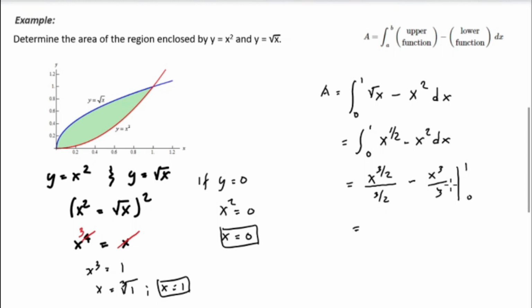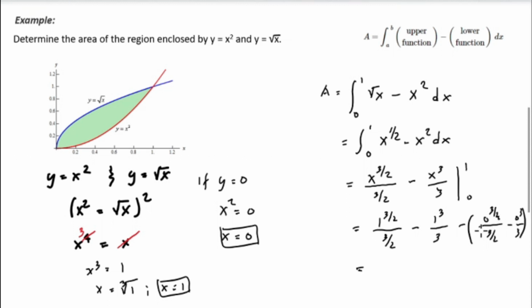We substitute the value for the upper limit, which is 1. So we have 1 to the 3/2 all over 3/2 minus 1 cubed all over 3, and we subtract the value for the lower limit, which is 0, or 0 to the 3/2 all over 3/2 minus 0 cubed all over 3.